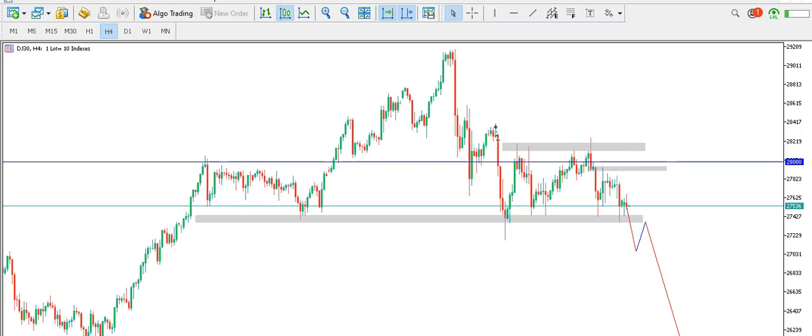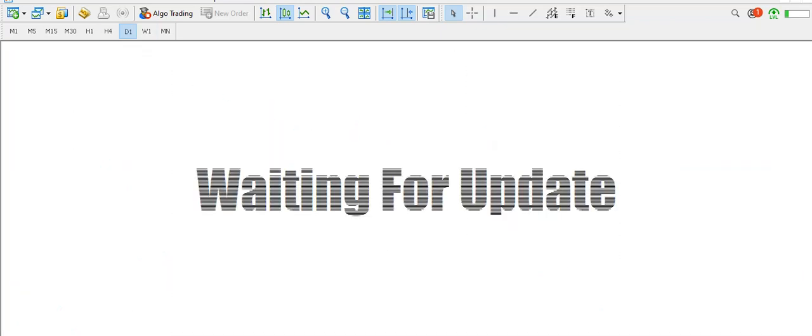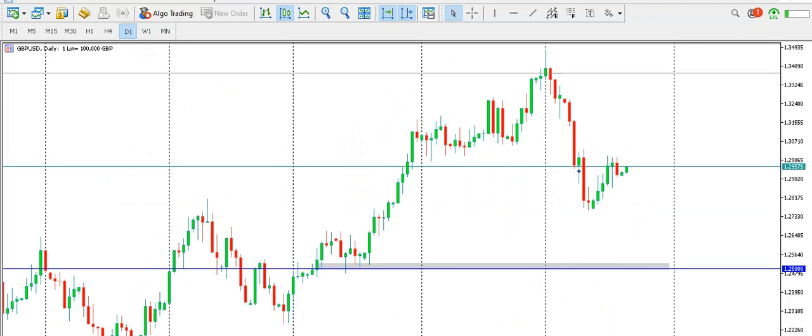I'd like to throw in something very brief for pound USD and pound JPY.